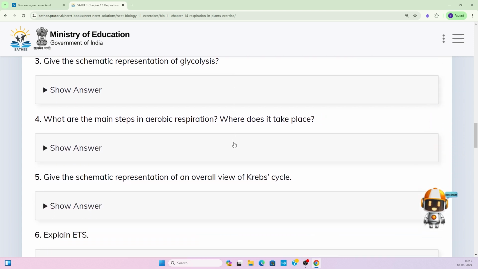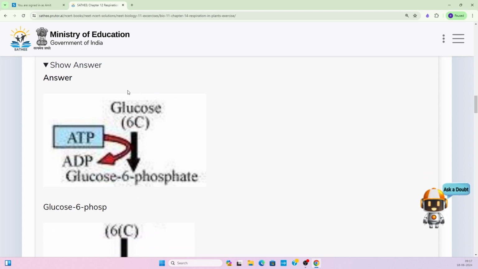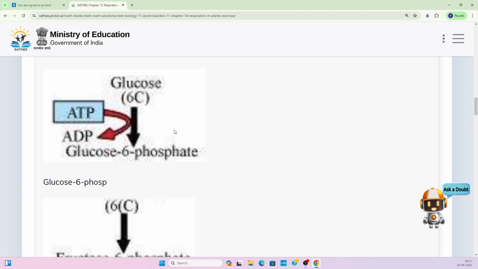Okay, next question. Give the schematic representation of glycolysis. So, here is the glucose molecule, a 6 carbon compound, and glucose 6 phosphate. Now, here you can see one phosphate group gets attached. The first reaction is the conversion of ATP to ADP, and glucose 6 phosphate is formed.